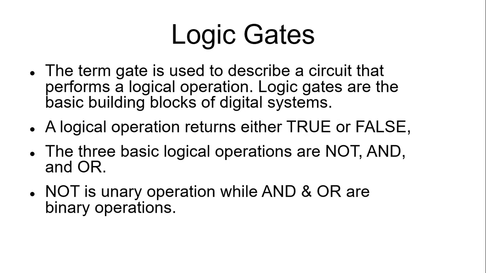We have two types of operation. One is arithmetic operation and the other is logical operation. Arithmetic operations always return some value. For example, when we add two numbers, 2 plus 5 returns 7, 3 into 2 returns 6.